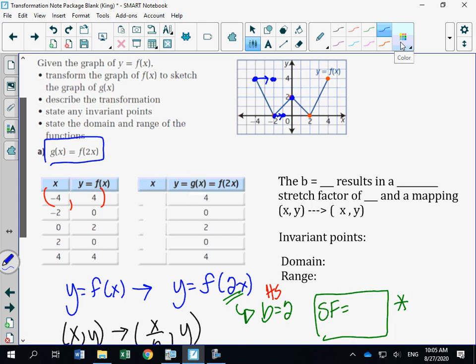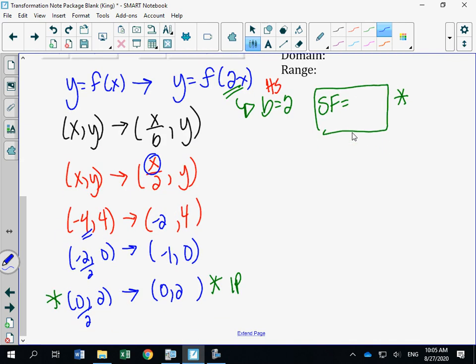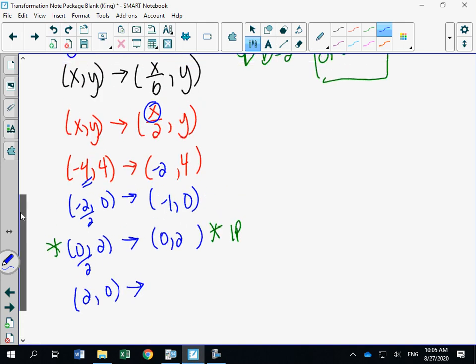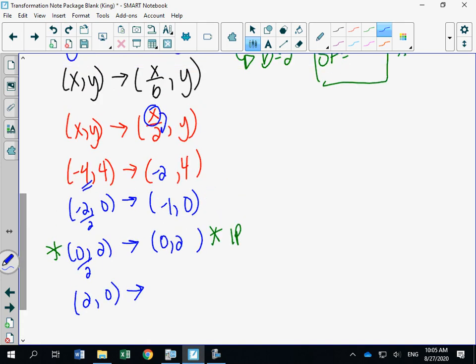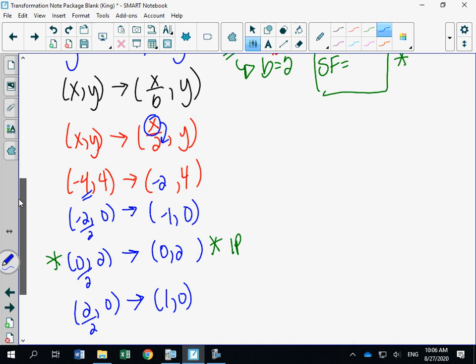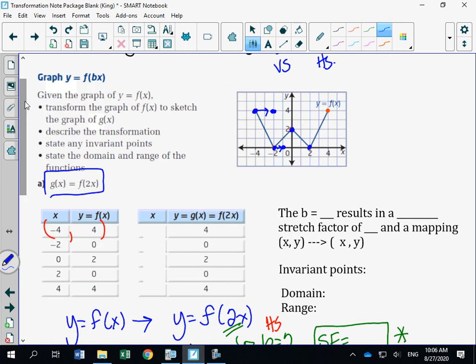This point here is 2 comma 0. So let's write that point. And again, what we need to do to the x value is divide it by 2, right? So dividing by 2, the new point is going to be 1 comma 0. So it's going to be there.